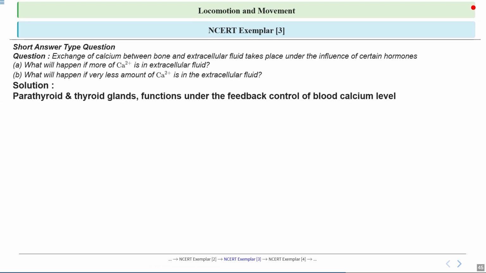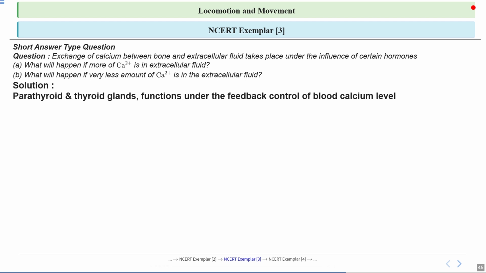So parathyroid and thyroid glands work together to regulate blood calcium levels through a feedback system. The parathyroid glands release parathyroid hormone, which is PTH, when blood calcium is too low, which increases calcium absorption from the intestines, reabsorption in the kidneys, and release from the bones.